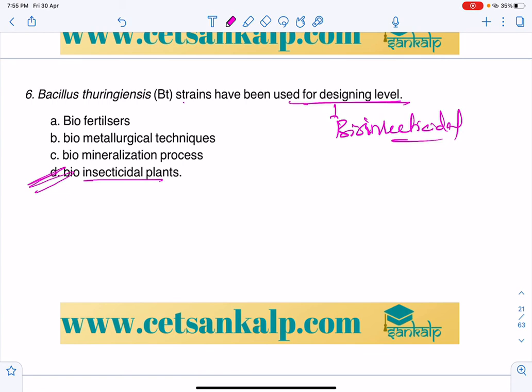So Bacillus thuringiensis is generally used whenever they are going to kill the bollworm, mainly the cotton bollworm. Next, bioinsecticides.